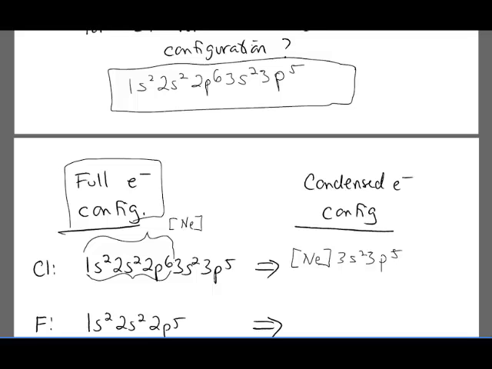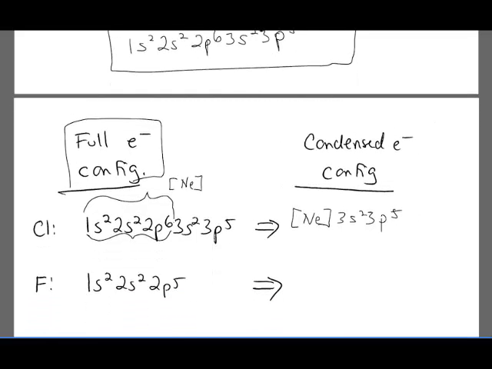The condensed configuration for fluorine: the nearest noble gas configuration is filling the 2s, and that is helium. So the condensed configuration is helium, and then what's left over. I'm sorry, I made a mistake there. Hope you all noticed that.